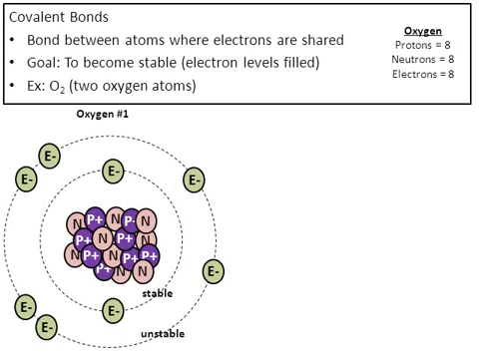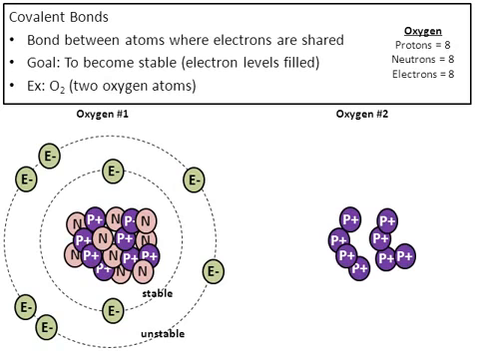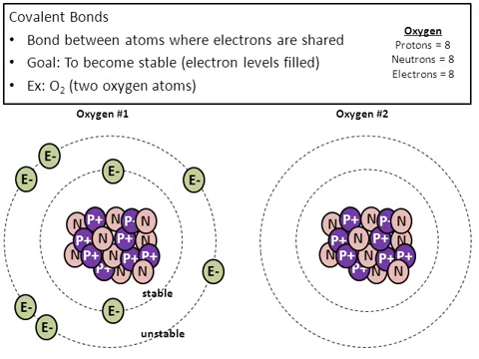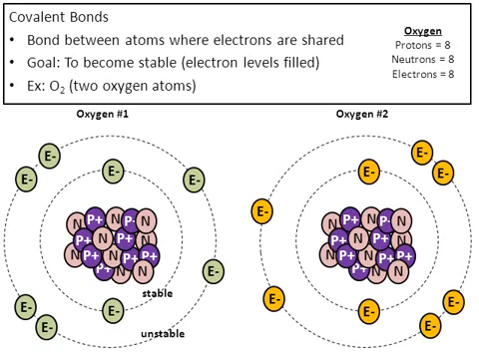The oxygen that we breathe is actually made from 2 atoms, so we have to draw a second oxygen atom. Like the first, it has 8 protons and 8 neutrons in the nucleus, it will have a couple levels for the electrons, and it's got 8 total electrons. So just like before, I'll put 2 electrons in level number 1, and I'll put the remaining 6 electrons in level number 2.